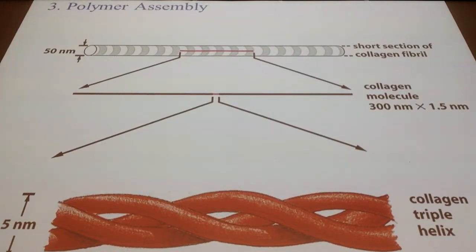Polymer assembly. There are certain proteins that don't form a quaternary structure. They're just a tertiary structure. There are certain proteins that, when they're made, really don't have any function. The individual subunit doesn't have a function. However, when these proteins bind to one another and form a polymer, then the polymer itself has a function.